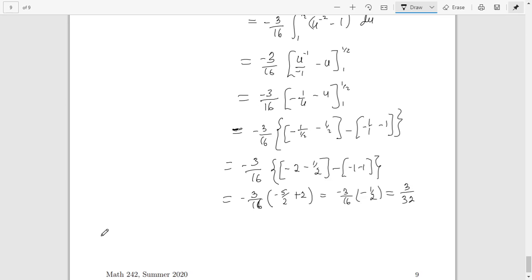Therefore, my very big integral that we are solving originally, which is this, over 4x squared plus 9 to the power of 3 over 2 dx, is equal to 3 over 32, and this becomes our final integral.